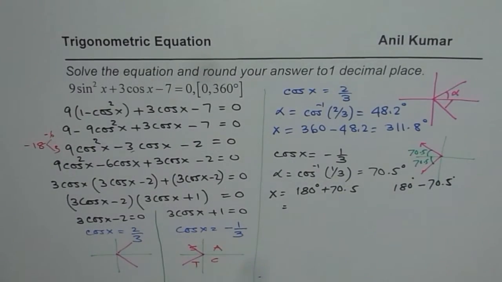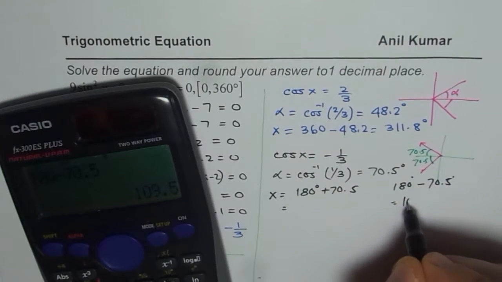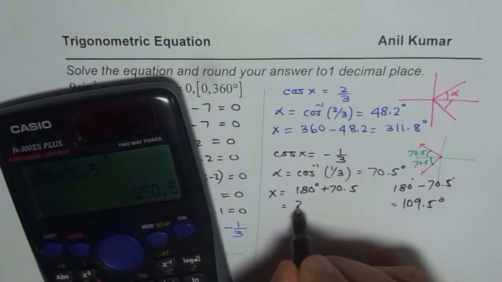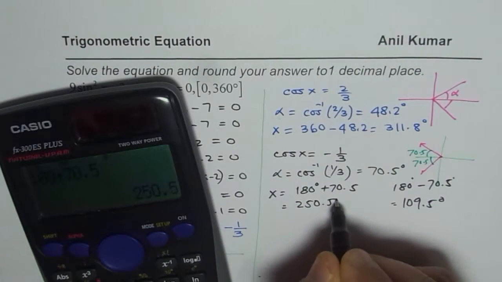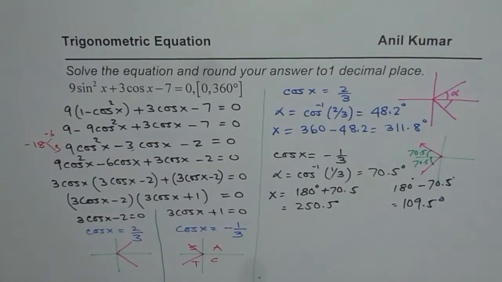So these are the two angles which we get from the second factor, correct? So 180 minus 70.5 is 109.5 degrees, and 180 plus 70.5 gives us 250.5 degrees, correct? So these are the two solutions for the second factor.